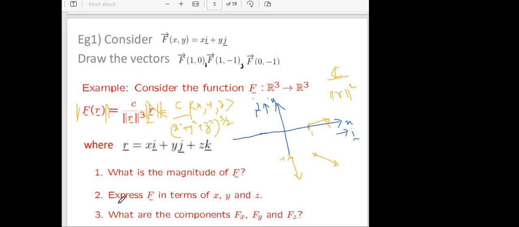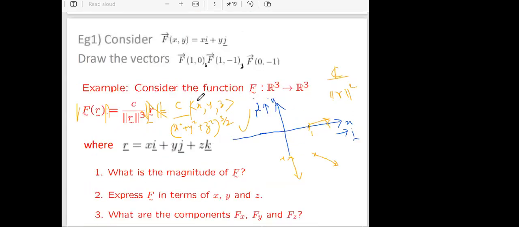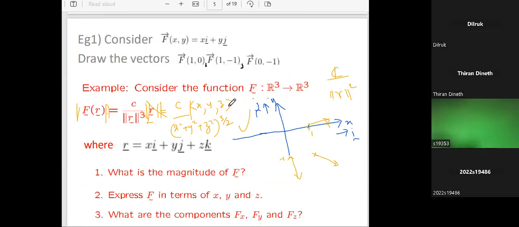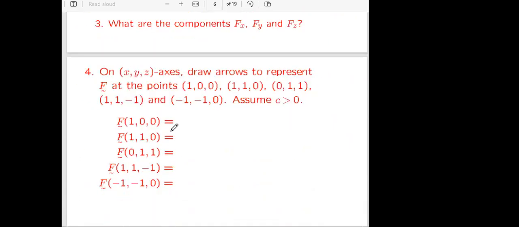Now, what is the magnitude of f in terms of x, y, and z? You can do that like this. And what are the components? The x component is x over this guy, the y component is y over this guy, and likewise z. Easy. You can draw the function outputs at these points.